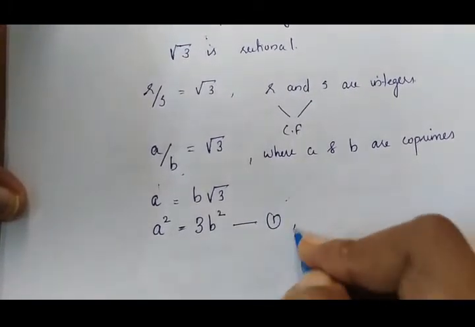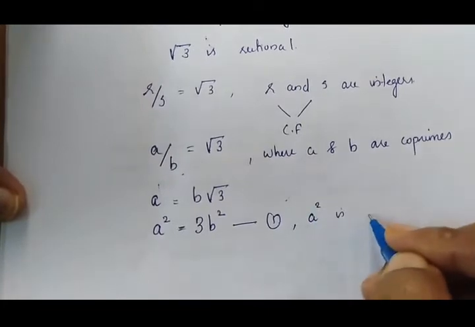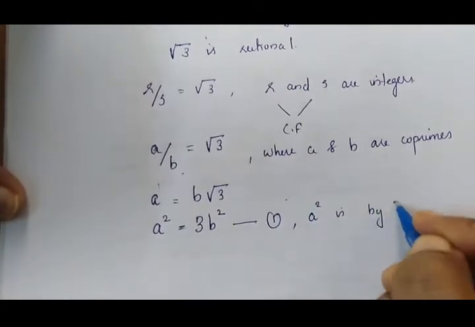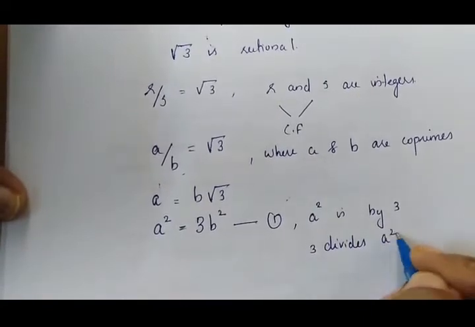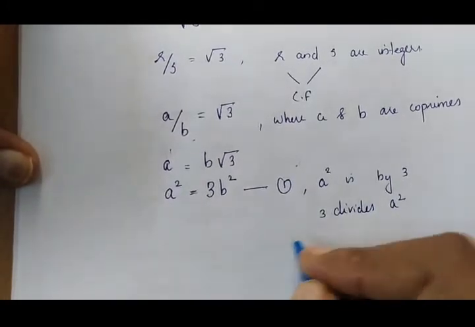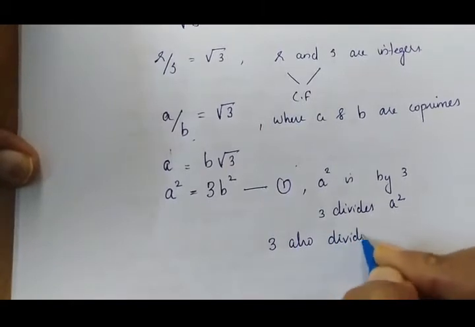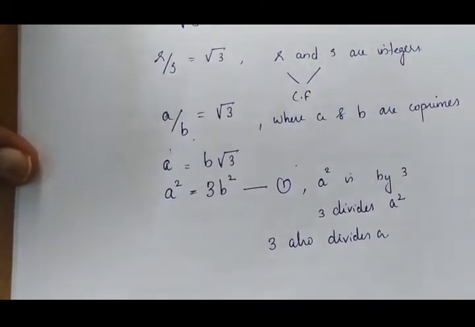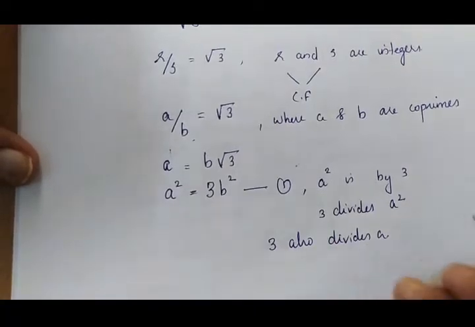According to this statement, we can say that a square is completely divisible by 3, or 3 divides a square. From the first theorem, we can say that 3 also divides a.